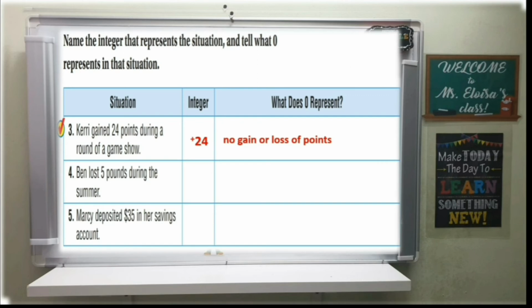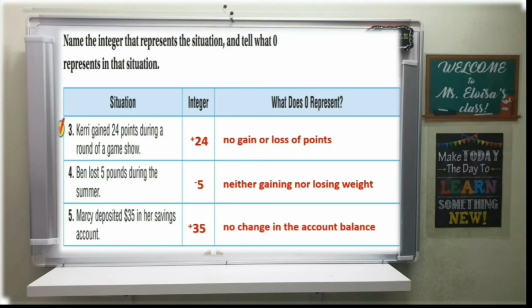Integer, negative 5. 0 represents neither gaining nor losing weight. Number 5. Marcy deposited $35 in her savings account. Integer, 35, or positive 35. 0 represents no change in the account balance.